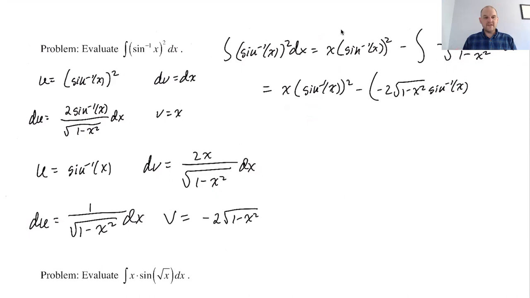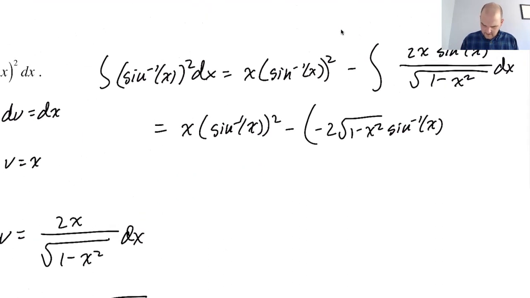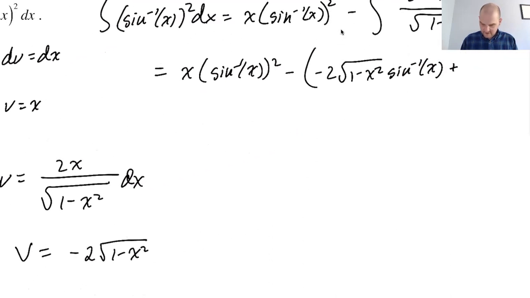But if you multiply v and du, you just get negative 2. So it's minus the integral of negative 2, so that's plus the integral of 2. That seems questionable, but whatever. Plus the integral of 2 dx.